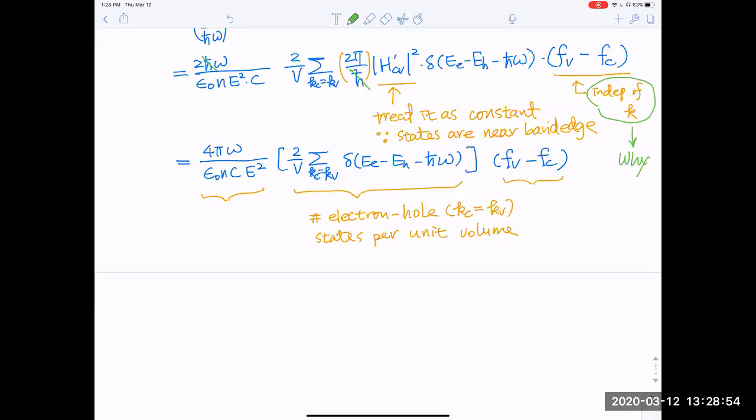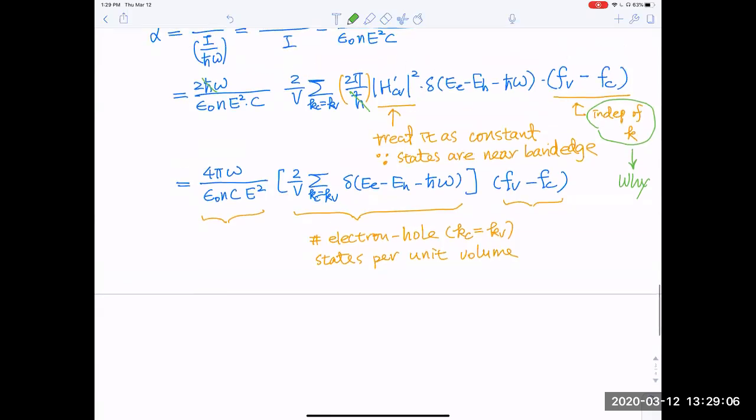And the next question: where did it go between the last two lines, from here to here? I basically moved out this 2 pi over h bar. I moved these population-related quantities out of the summation.